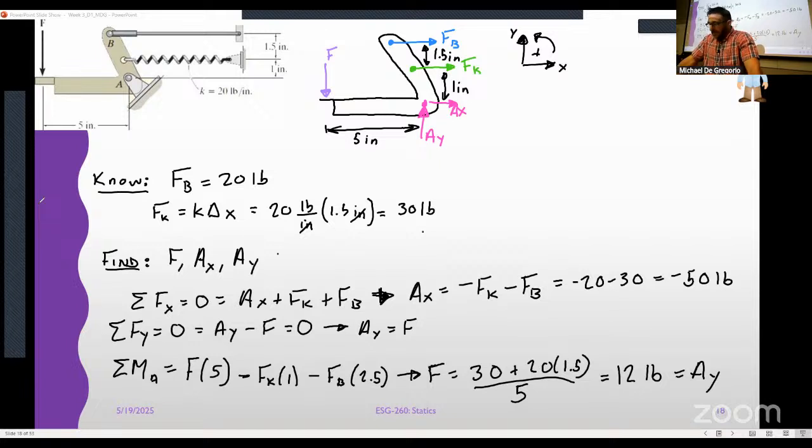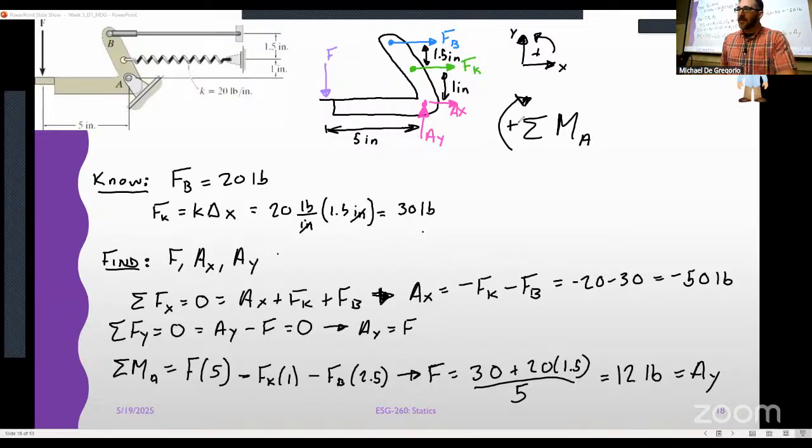So sometimes if you look in the book at the example problems that they work out, you'll see them say, well, I'm going to sum the moment at A, but I'm going to assume that that's positive. And then they write it that way. And I don't like that because it goes against the right-hand rule, and frankly, the very fiber of everything that I was taught for multiple years. And maybe that's just me, maybe it's fine, right?